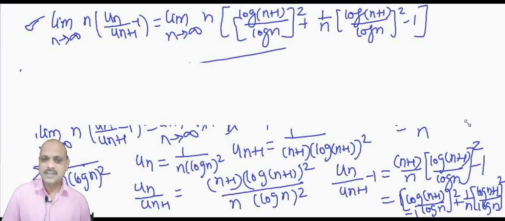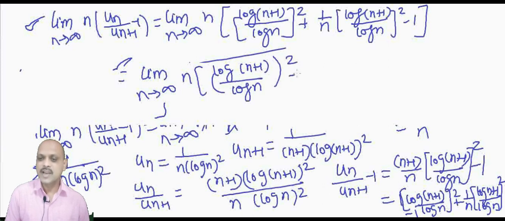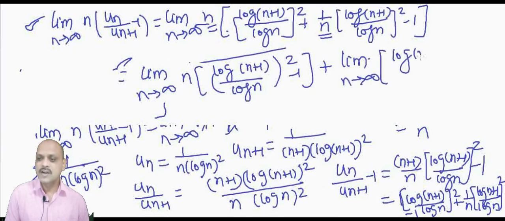This is equal to limit n tends to infinity n into log of n plus 1 divided by log n whole square minus 1 in one bracket, plus here this n and this n get cancelled, and we get limit n tends to infinity log of n plus 1 divided by log n whole square.